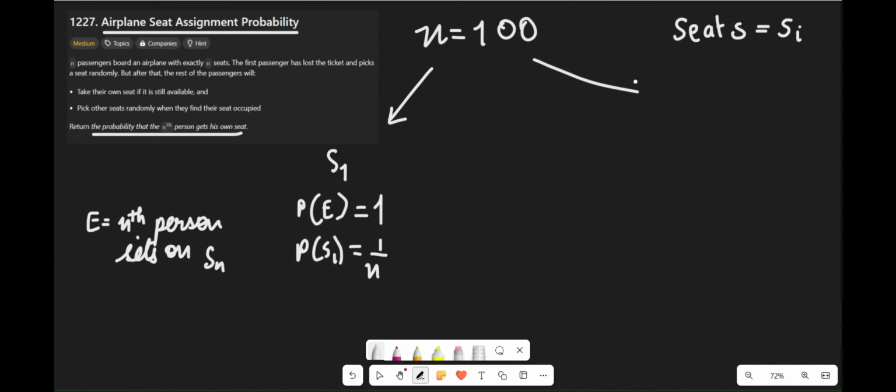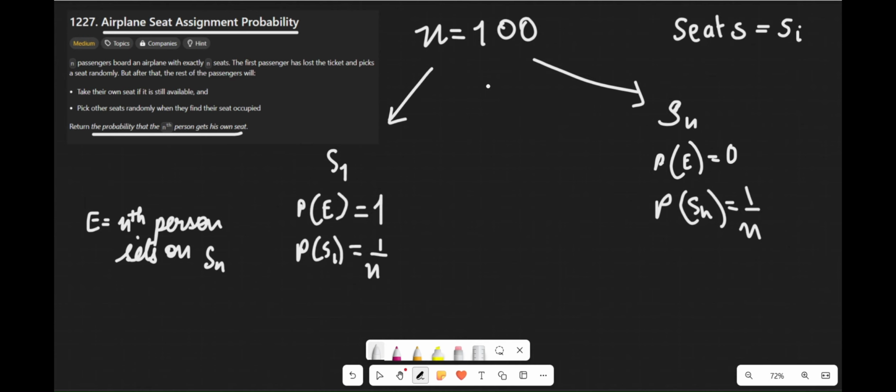Now, the second case would be that the drunk person sits on Sn, meaning the last seat itself. In this case, the probability of us sitting on our last seat is obviously 0. But the probability of this event happening, that the drunk person sits on the last seat, is again 1 by n, because there are n seats.